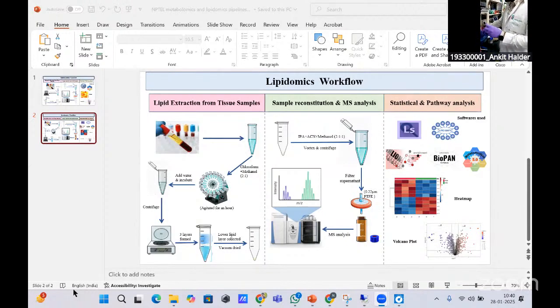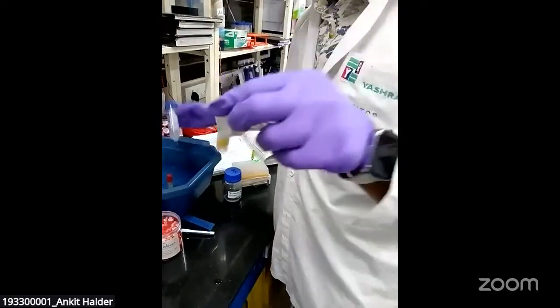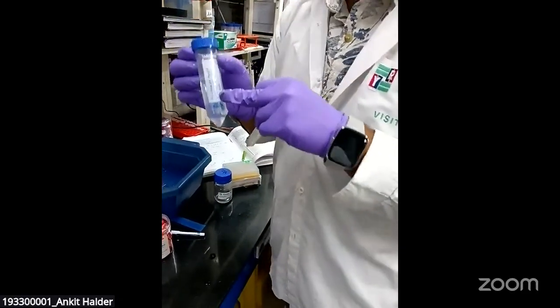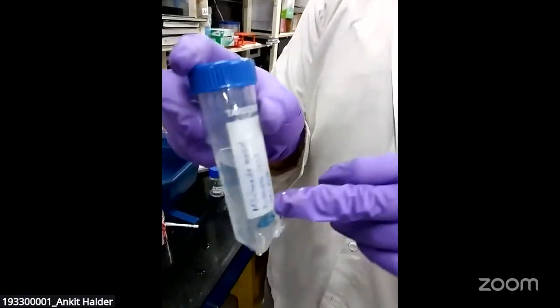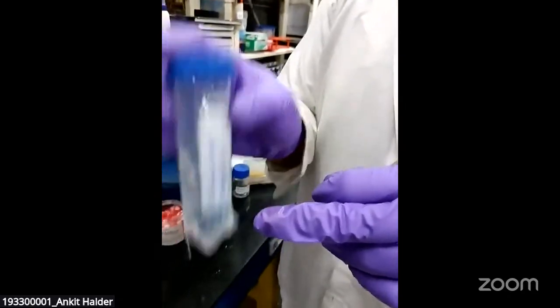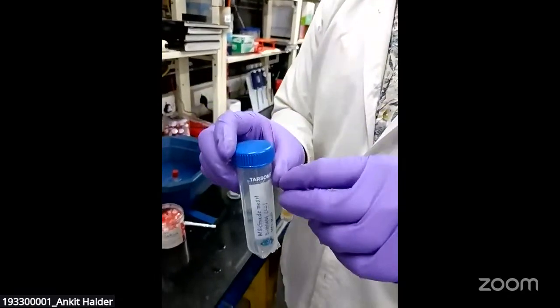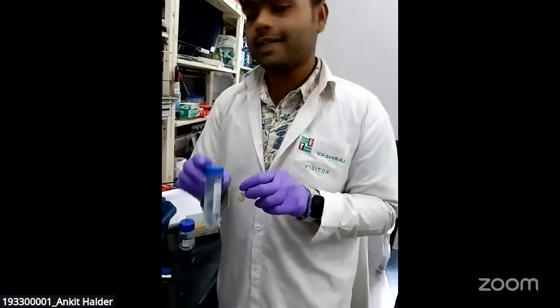First of all, for the metabolite protocol, we take 100 microliter of serum, and we add 400 microliter of methanol. We mix it, and we need to incubate that for 8 hours at minus 80 degrees Celsius.